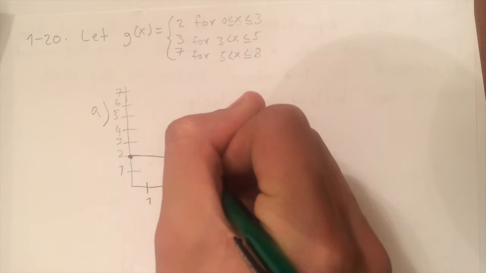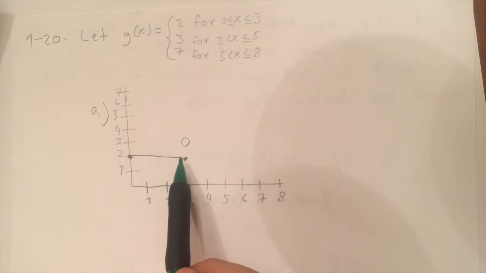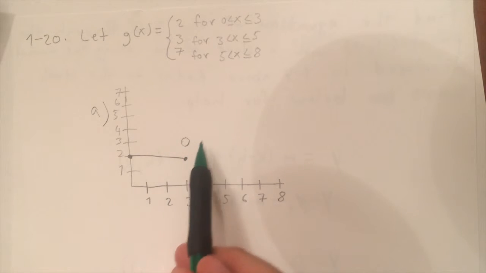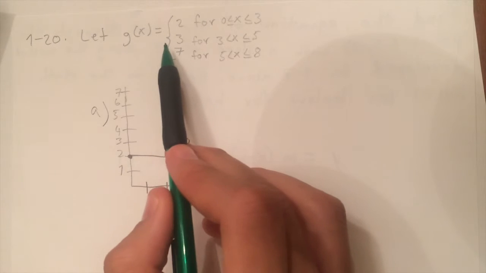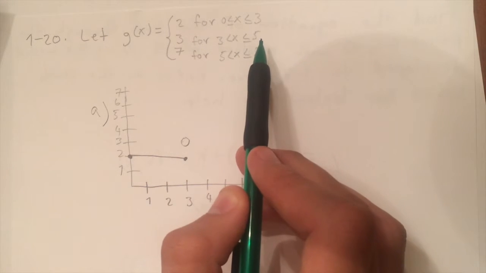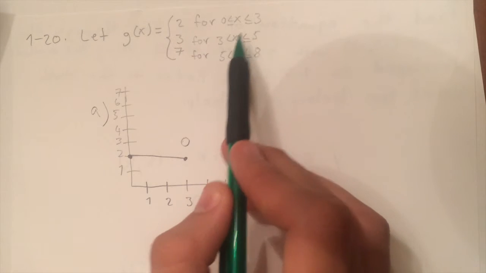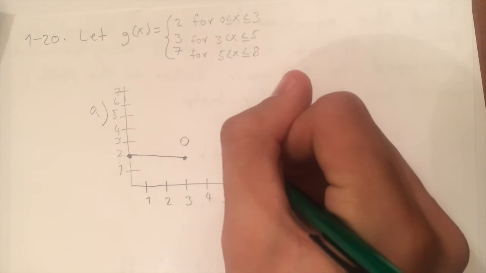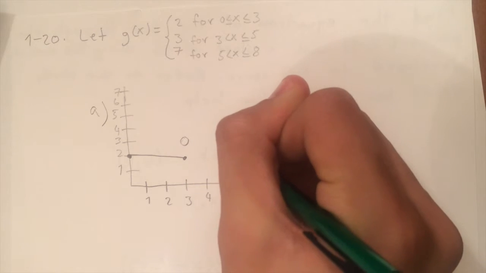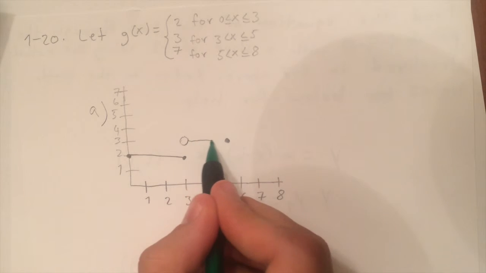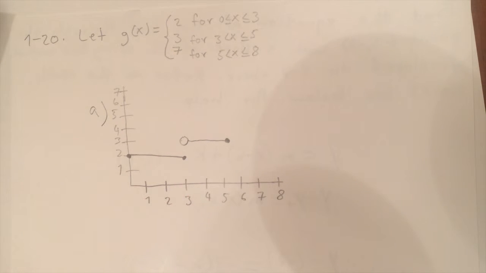So you want to draw an open circle at the point 3 comma 3, and g of x equals 3 is defined from 3 to 5, but notice the 5 is included because it's less than or equal to 5. So you draw a closed circle at 5 comma 3, connect the dots. That will give you your second line.